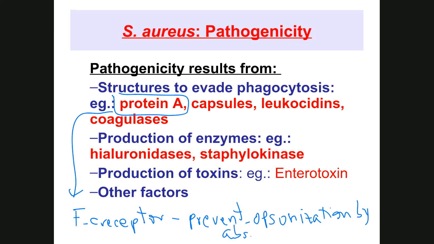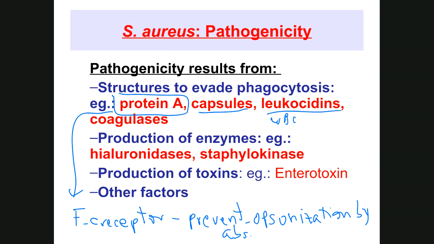Other features: often we have Staphylococcus aureus strains that have capsules. They also have leukocidins, and leukocidins are enzymes or proteins that destroy white blood cells, that kill white blood cells, WBCs.